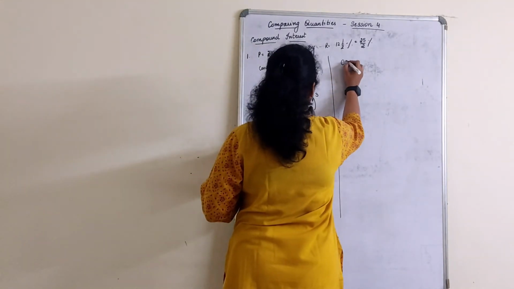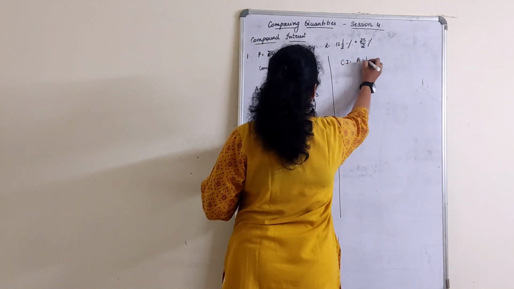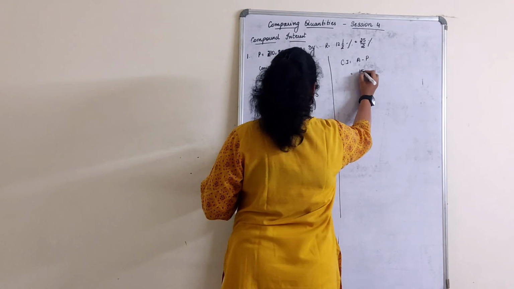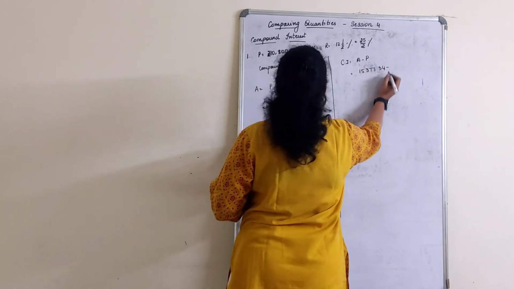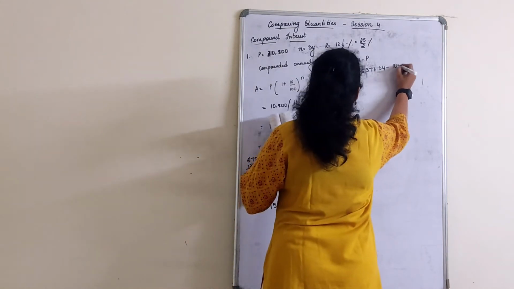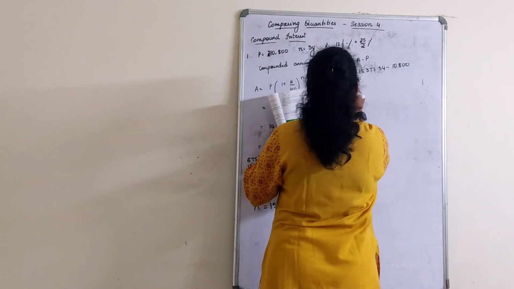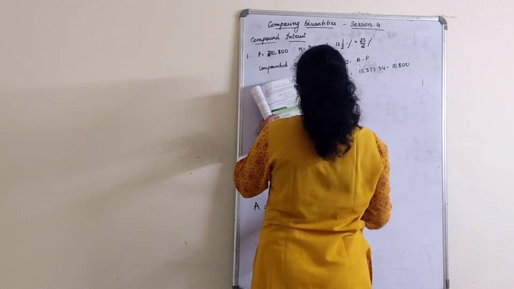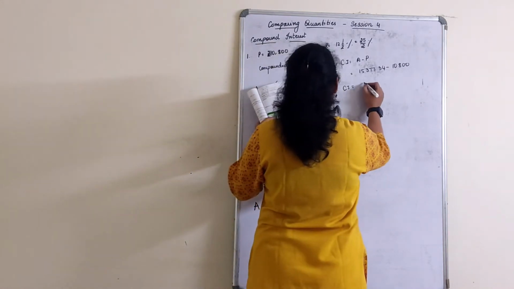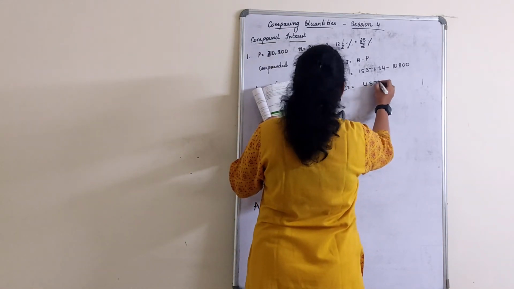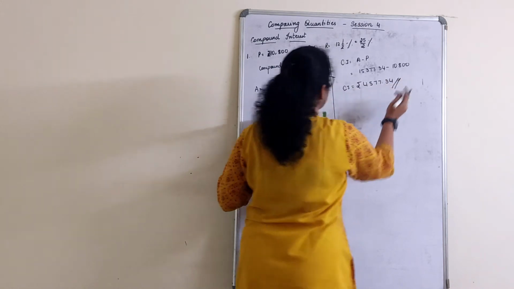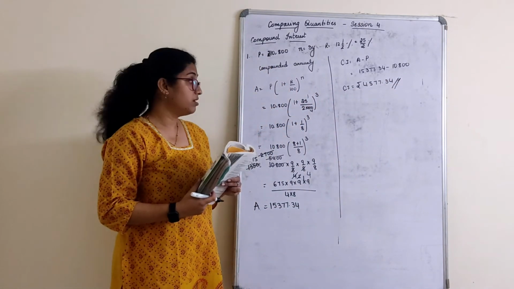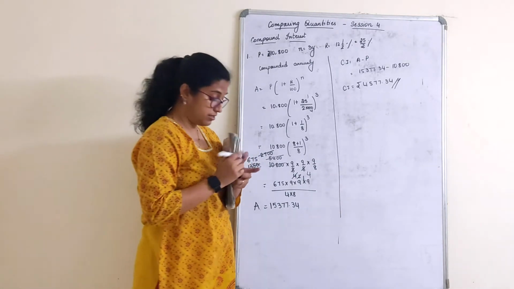Next, compound interest is equal to amount minus principal. 15,377.34 minus 10,800. Compound interest on this is 4,577.34 rupees. As I had told, lots of calculation in this.